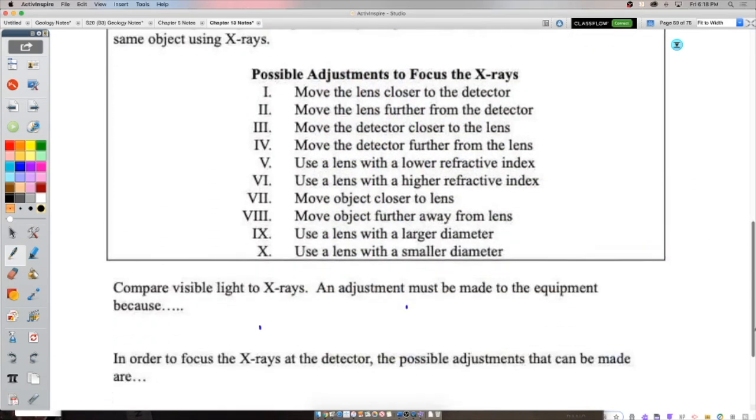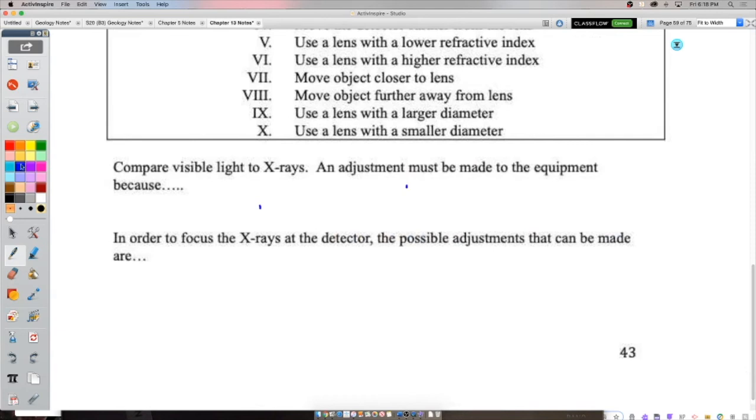Okay. So just going to go down here to this focusing question. Compare visible light to X-rays. An adjustment must be made because, so why must an adjustment be made? Well, think about that. What's different about X-rays and visible light? Well, X-rays, like we just said, have a much shorter wavelength, right?